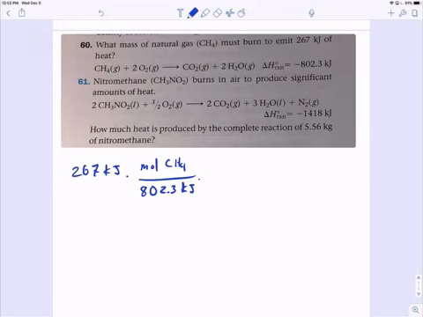And then it's 16 grams CH4 per mole. Did you want the answer or just a setup? All right. 267 divided by 802.3 times 16 is 5.32 grams.